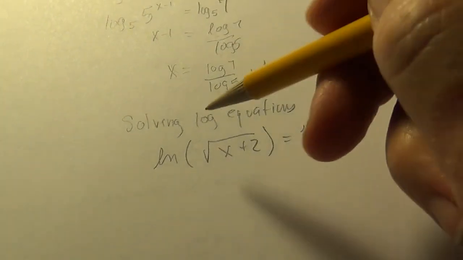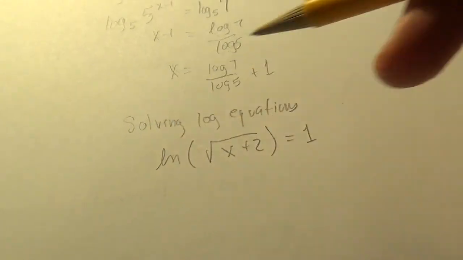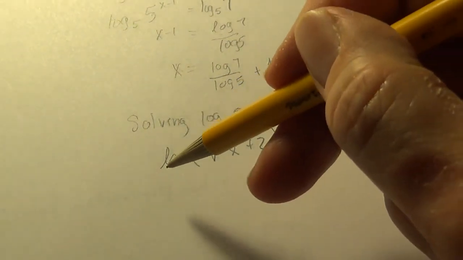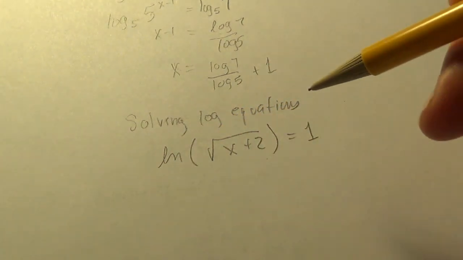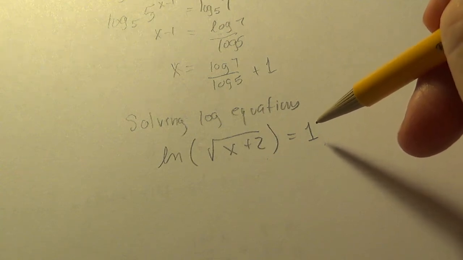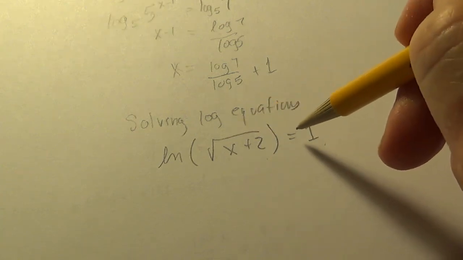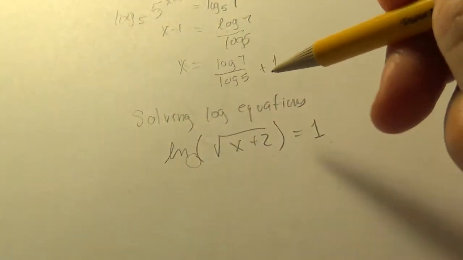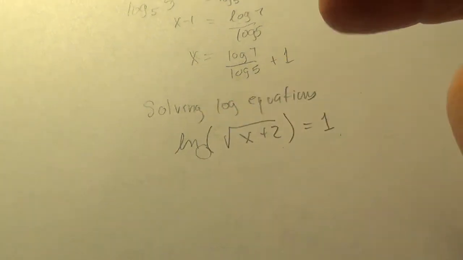We learned that to get rid of an ln, we have to exponentiate both sides. So we're going to make this an exponent of some number and this an exponent of the same number. What number should we put these as exponents to? It's always going to be the base of the logarithm that we're working in. ln is base e.